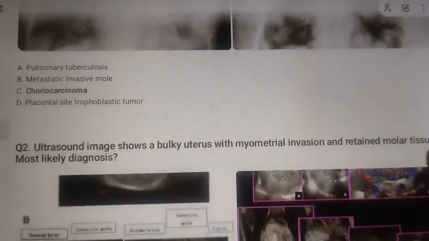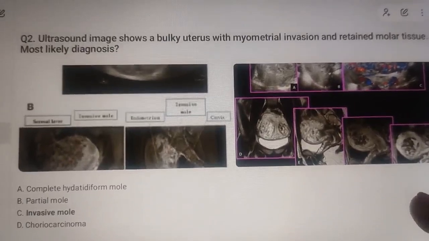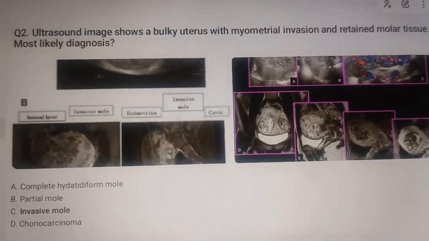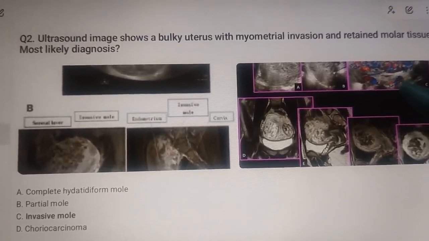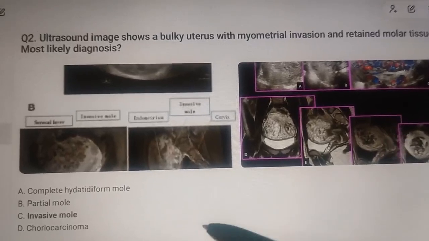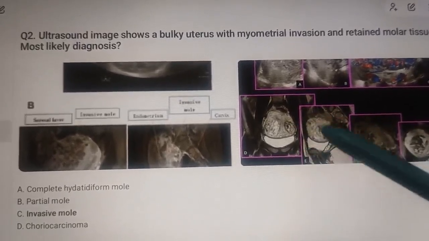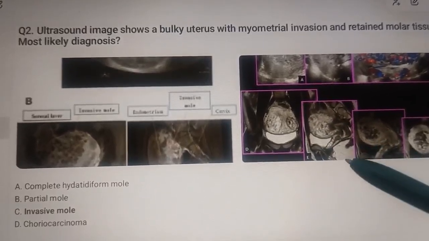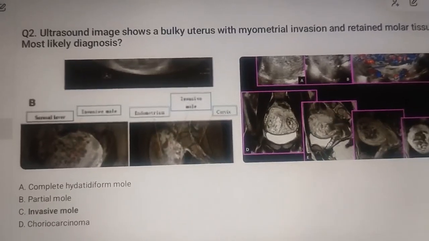Then our next question is ultrasound image shows a bulky uterus with myometrial invasion and retained molar tissue, most likely diagnosis. So there is bulky uterus, myometrial invasion and retained molar tissue. Then it is invasive mole because it shows the local invasion, and we studied in case of choriocarcinoma there is subinvoluted uterus.